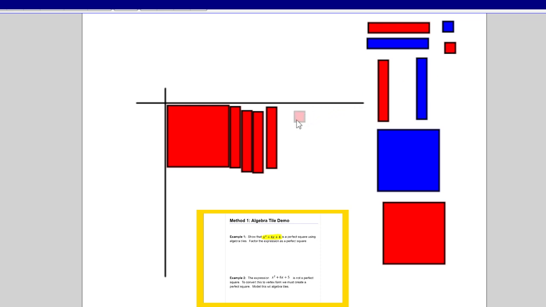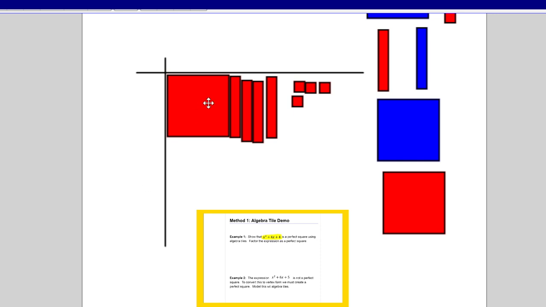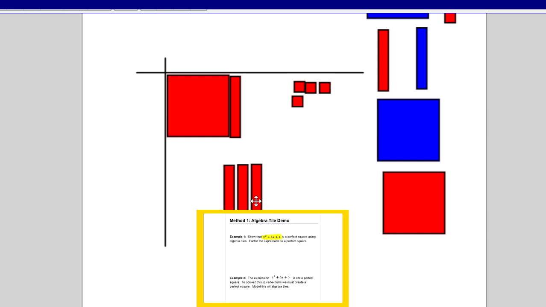And I'm going to have 4 ones, 1, 2, 3, 4. So the idea of completing a square is going to be, I want to make a square out of all of these shapes and then look for the dimensions.